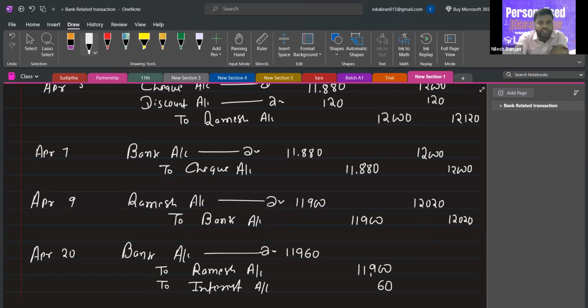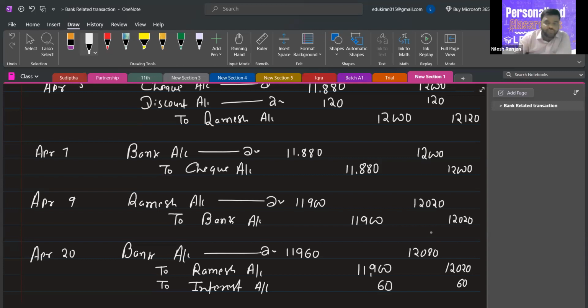Now Ramesh will pay this 12,020 and 60 for interest. So the total amount is 12,080. This is given in the question.